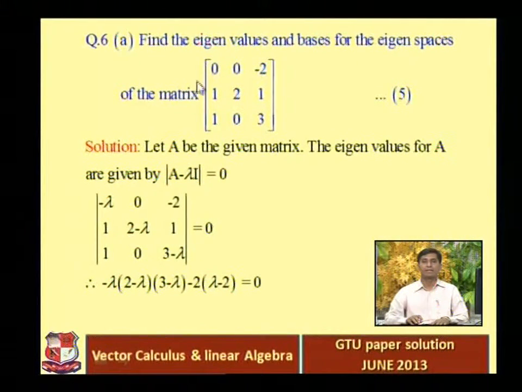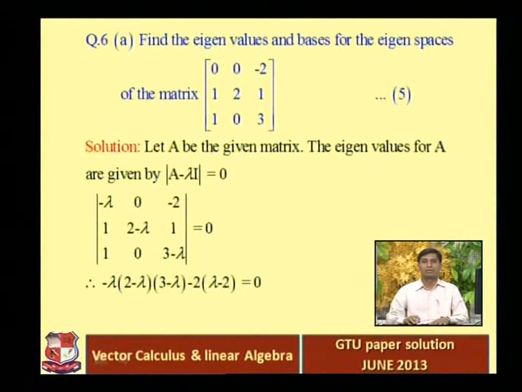So this is minus lambda, this becomes 2 minus lambda, and here 3 minus lambda. The other entries are the same. The first row is minus lambda, 0, minus 2, next is 1, 2 minus lambda, 1, then 1, 0, 3 minus lambda. Determinant of this is equal to 0.